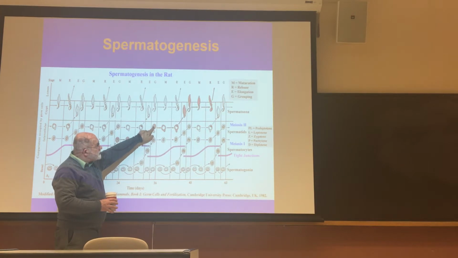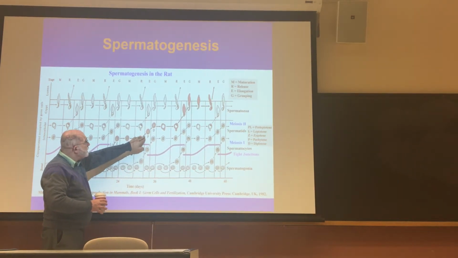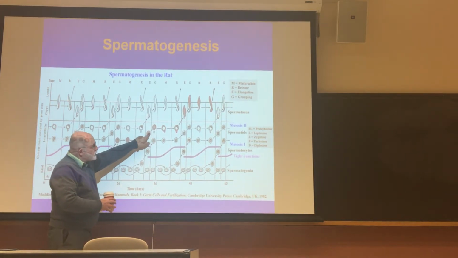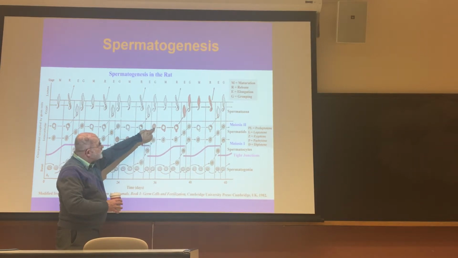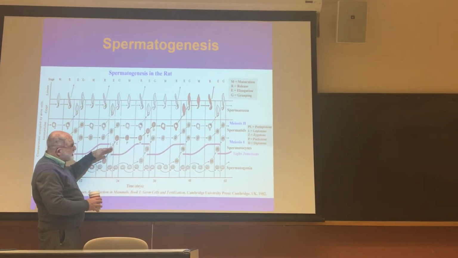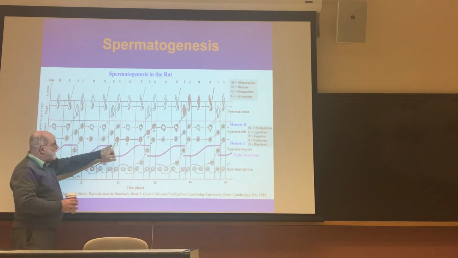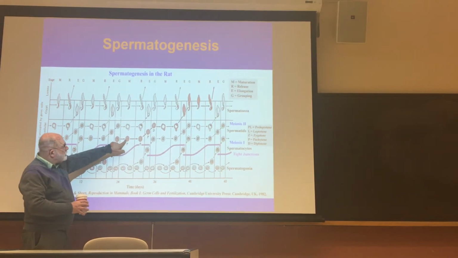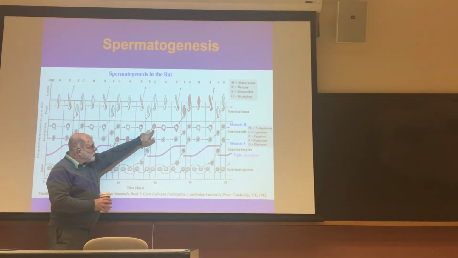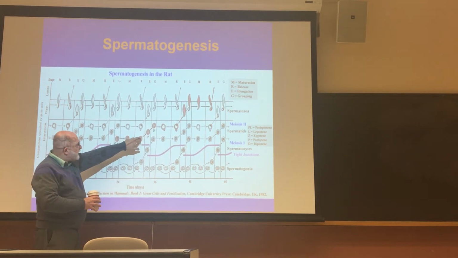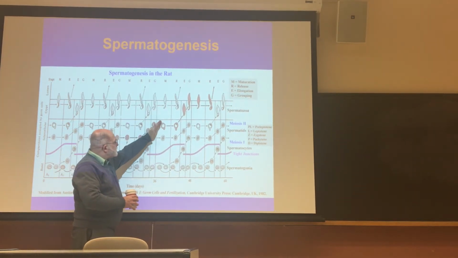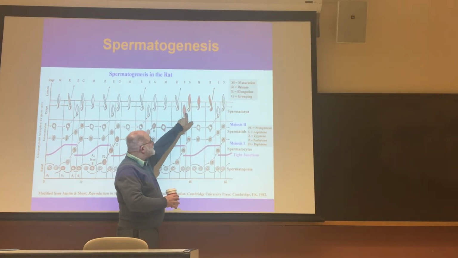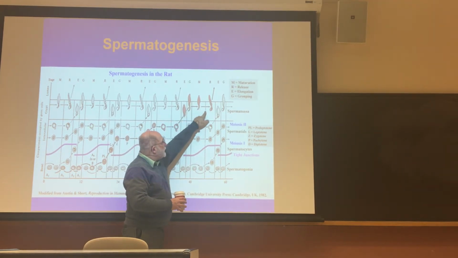And once you've gotten to this stage, you're seeing primarily spermatocytes initially, and after the division of the cells, you're seeing spermatids. Spermatids, as you go into meiosis 2, and finally forming spermatozoa near the end of meiosis 2.